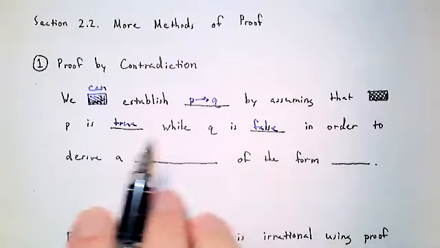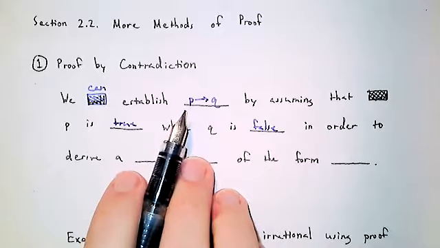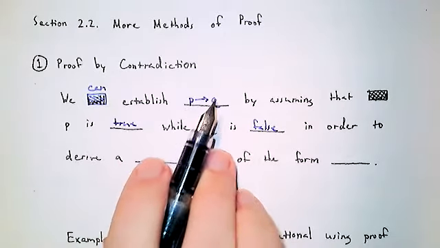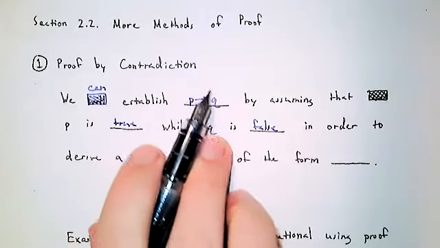And you should remember from the truth table for the implication that if P is true and Q is false, the implication itself is a false statement.